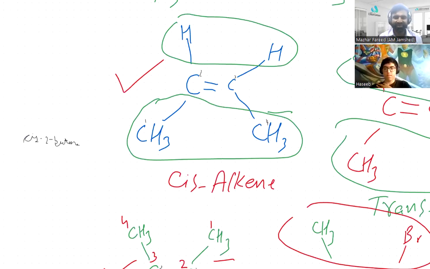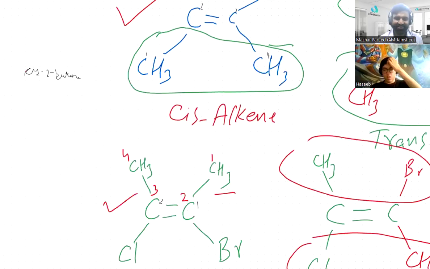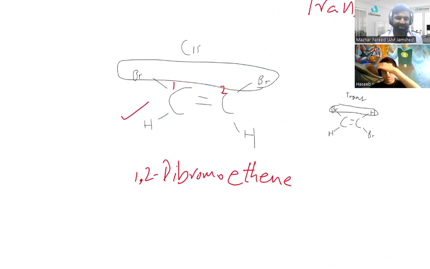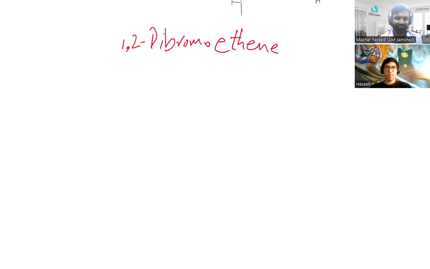So now we have to explain another type of structural isomerism, functional group isomerism. Have you heard about this name? Yeah.